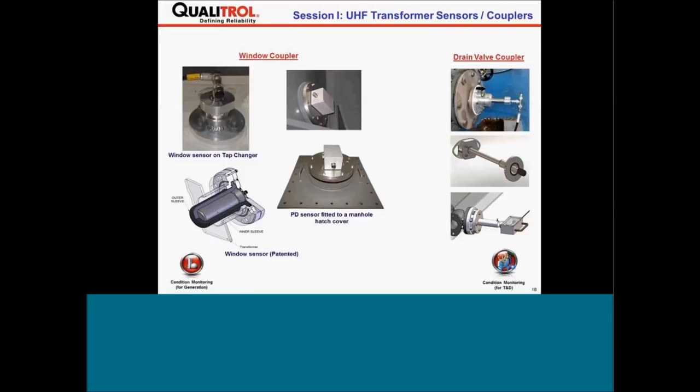On the right hand side we have a drain valve. Here we can insert a sensor like the one shown in the middle picture, where the black point at the end is the sensing part, and a flange to connect to the standard oil drain valves, with a handle and UHF connection coming out at the other end.